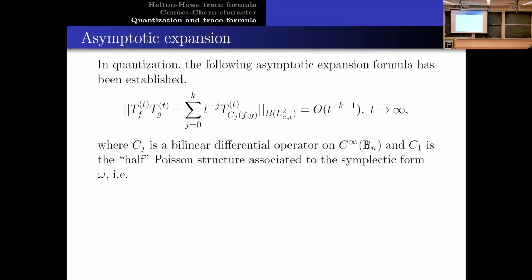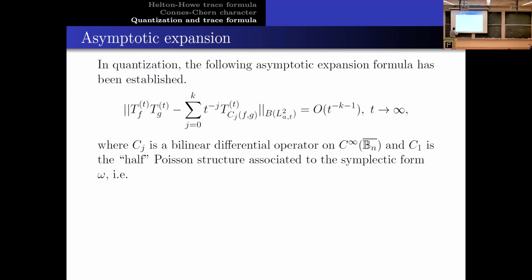Okay, so this kind of operator expansion formula was well studied in the literature, going back to, I guess, Boutet de Monvel and many people contributed to this asymptotic expansion, but certainly Boutet de Monvel is one of the important names in this study, but also Eckhardt was involved in this too.